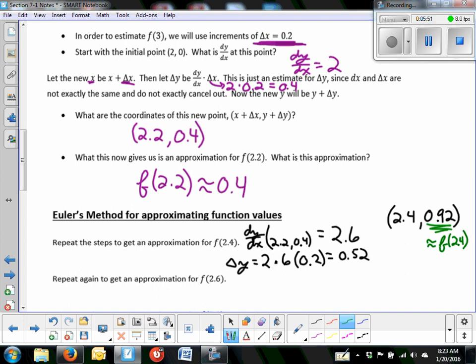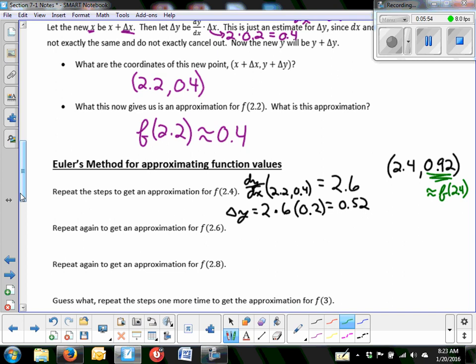So then I'm going to go another 0.2 closer around the x coordinate to get for f of 2.6. So I need my slope at the old point of (2.4, 0.92), which is going to be 3.32. My delta y will be this dy dx of 3.32 times delta x, which is going to give me 0.664.